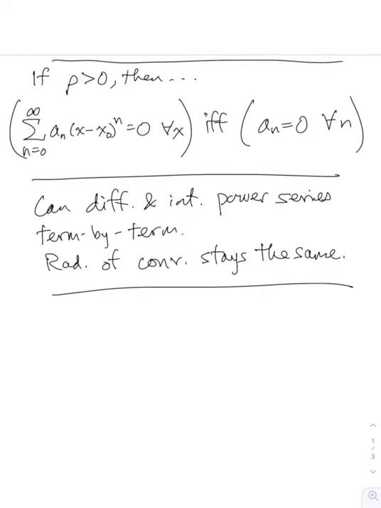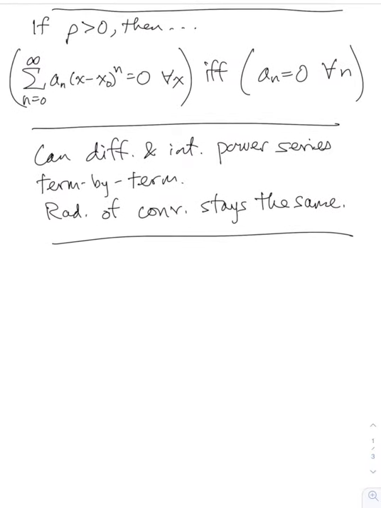And now one last thing. Now this is maybe not a review of something from Calc 2, but a definition that we're going to need when we apply this stuff to differential equations. So here's a definition.